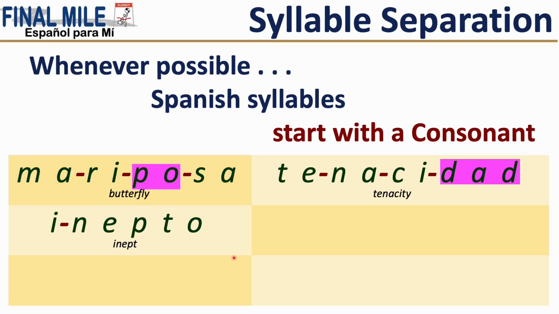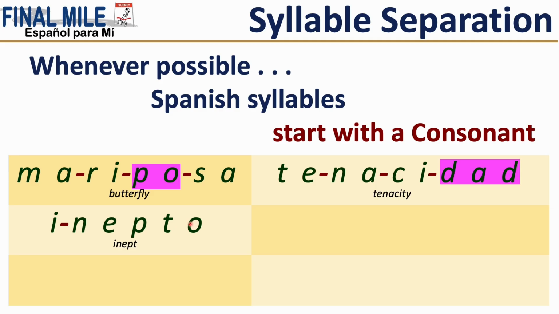Let's do it again. Process starts again. The N cannot be a syllable by itself because it needs a vowel. Voila, here's a vowel. So this could be a syllable. All right, let's see what's ahead before we make a final decision. Consonant, consonant, vowel.